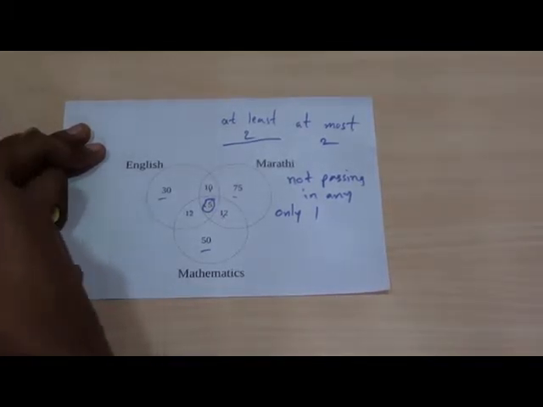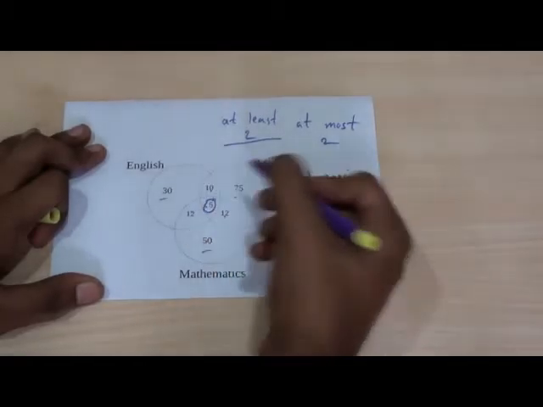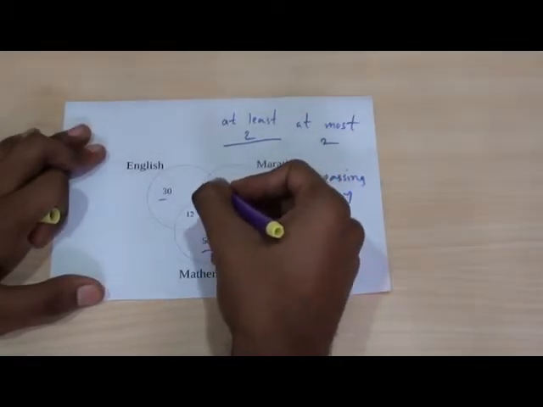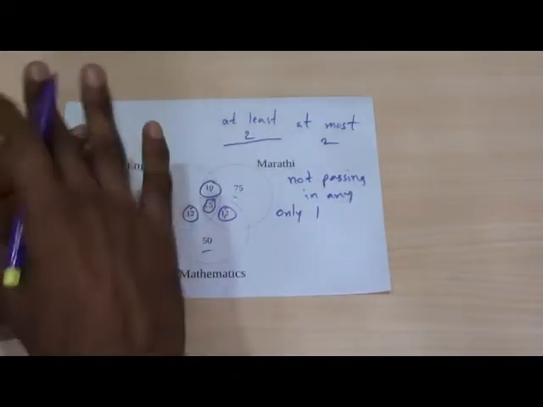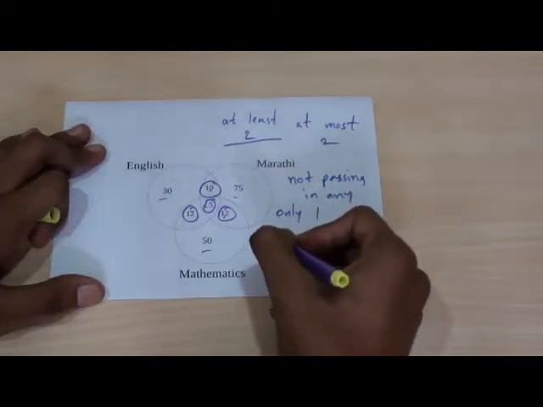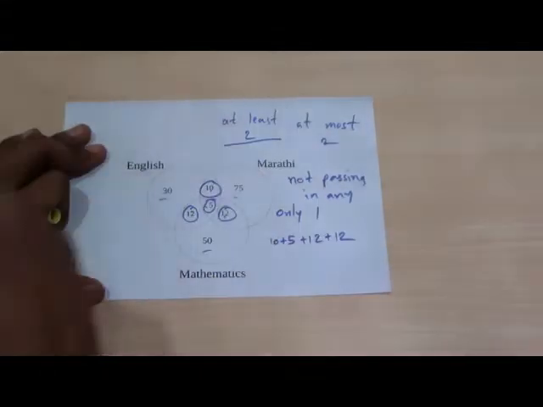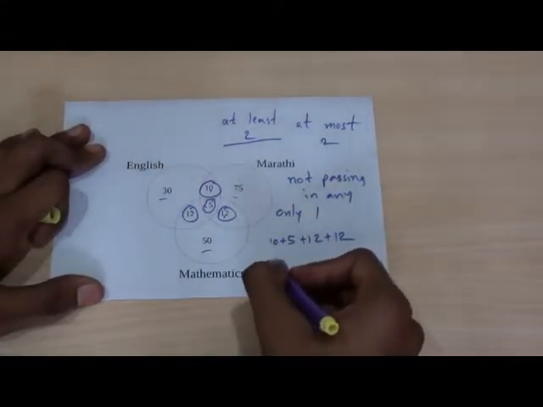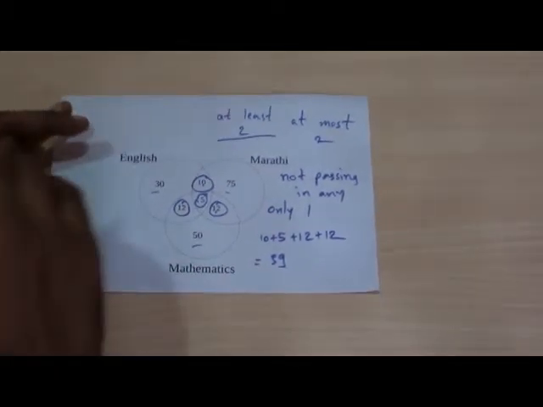So students who passed in at least 2 subjects. Obviously you will be adding the numbers which I'll be circling. 5 is already circled because they appear in at least 2 circles. So if I add them, obviously you can tell the addition here, it is 39. So 39 will be your answer.